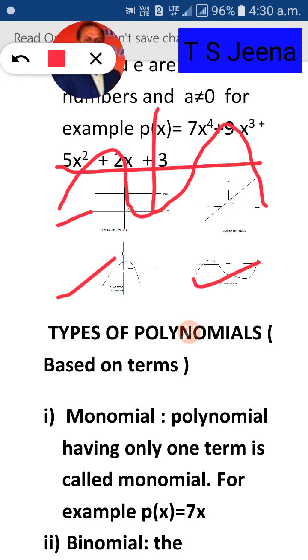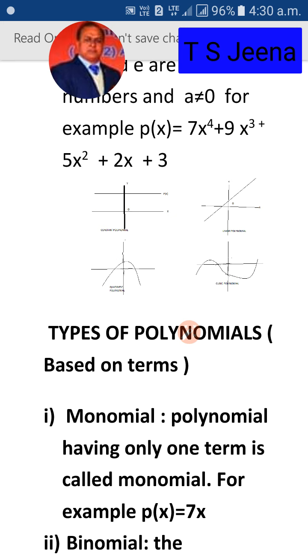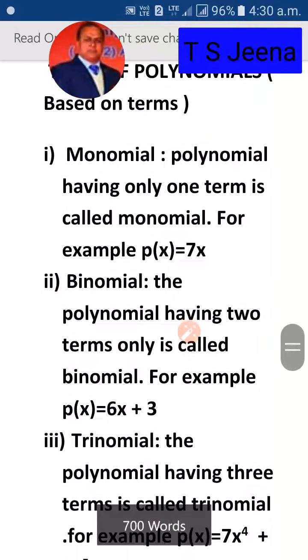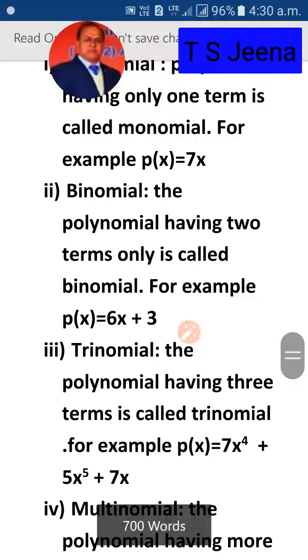We can classify polynomials on the basis of terms also. First, monomial. A polynomial having only one term is called a monomial, for example 7x. Binomial is a polynomial having two terms, for example 6x plus 3.